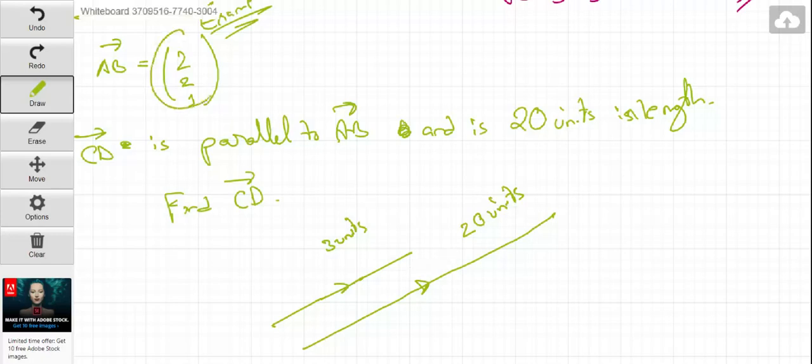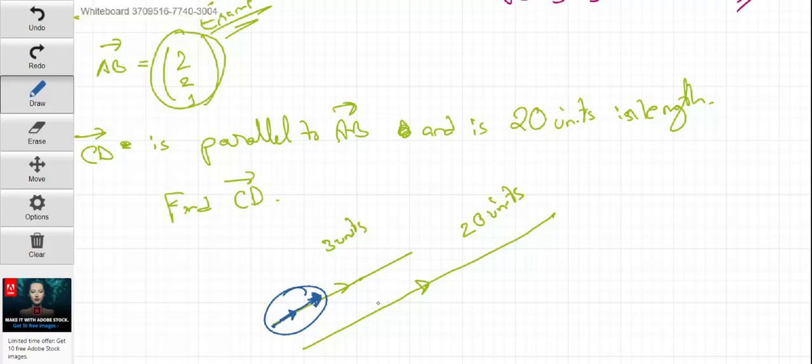Well, since you know AB, the way to approach this is: using your knowledge of unit vectors, find the unit vector parallel to AB. This is the blue arrow, the unit vector in the direction of AB. Since AB and CD share the same direction, the blue unit vector will be common for them.